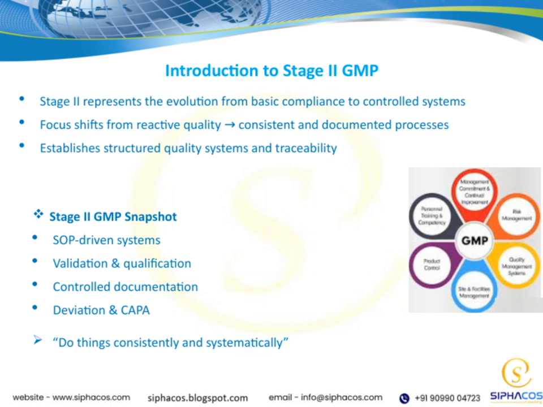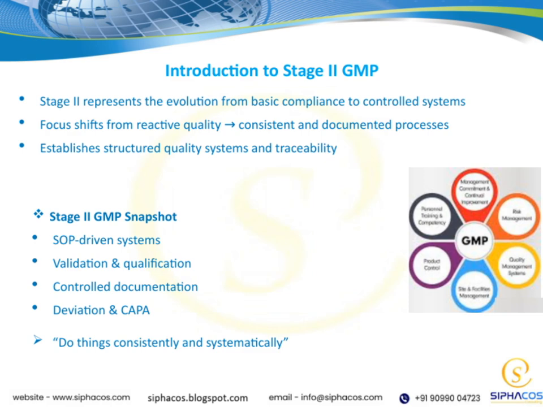Additionally, managing deviations and CAPA, corrective and preventive actions, helps us address issues systematically and prevent recurrence. The core idea here is to do things consistently and systematically. This marks a significant shift from basic compliance to a more controlled and reliable system.